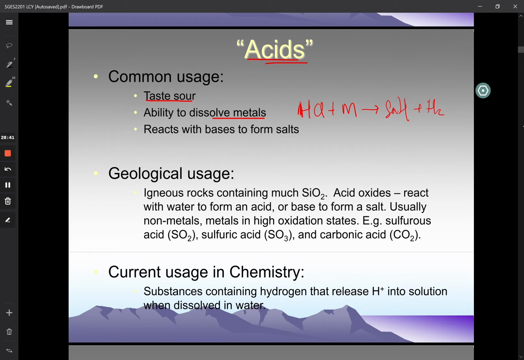So this is the general reaction of acids. You may form salt and the liberation of hydrogen gas, and it reacts with bases to form salt.